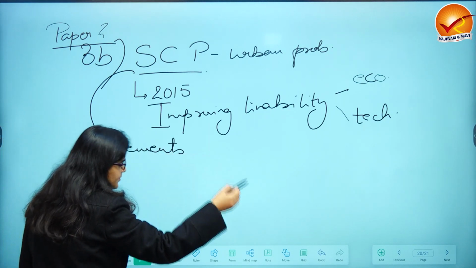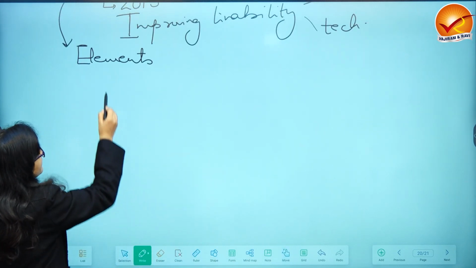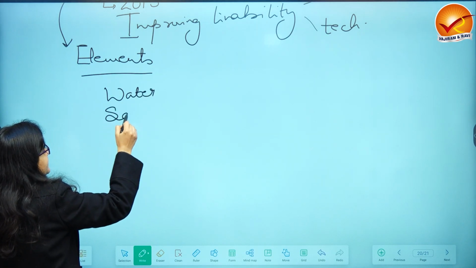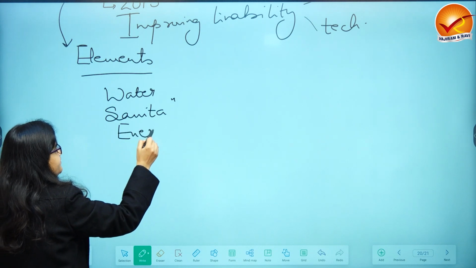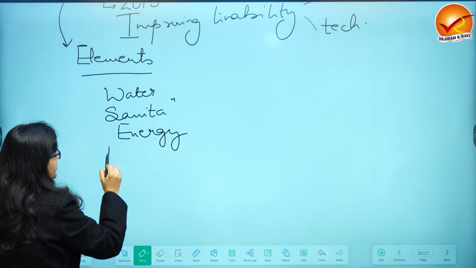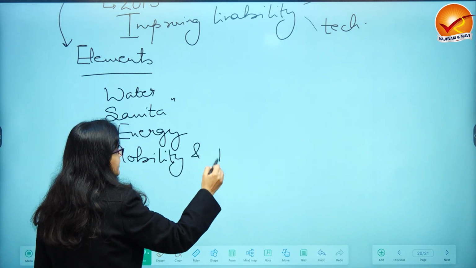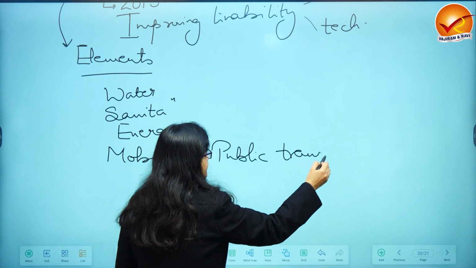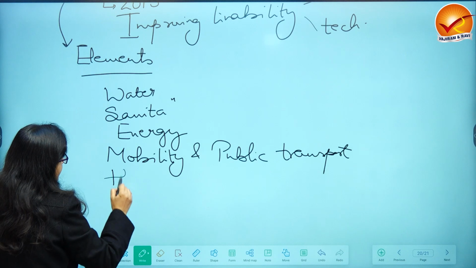And what are the elements upon which SCP focuses? Water, sanitation, energy, urban mobility and public transport, health and education.